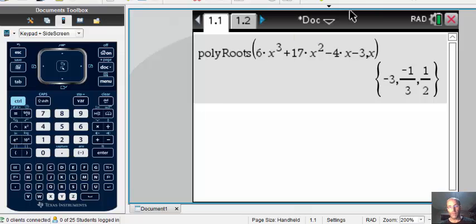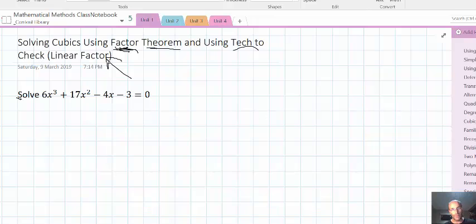Now, the analytical method, the factor theorem. From last time, using the factor theorem, we need to look at factors of -3. So we've got plus or minus 1 and plus or minus 3. You try each of them: P of 1, P of -1, P of 3, and P of -3.